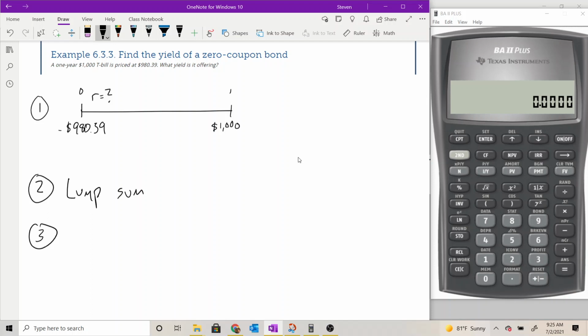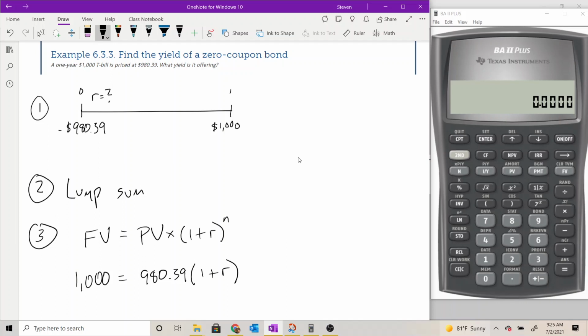So let's set up the present value, future value equation of a lump sum, where the future value is equal to the present value times 1 plus the interest rate raised to the n. We know the future value is 1,000. We know the present value is $980.39. We don't know the interest rate. That's what we're trying to solve for.